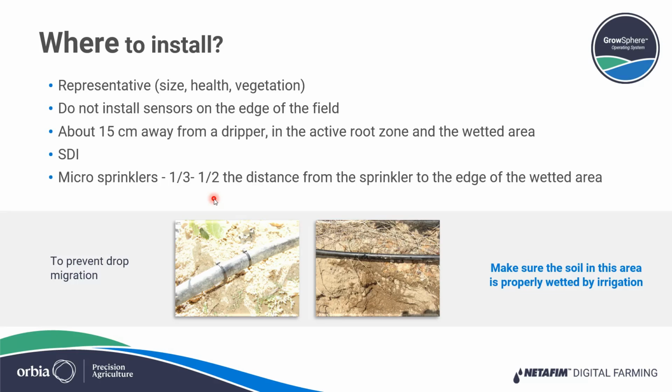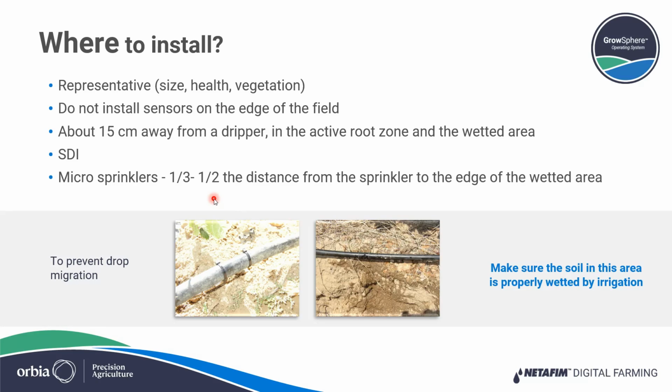So you know where the dripper is supposed to be, and then go 15 centimeters away. This is very important to do. And as for the micro sprinklers, about 1/3 to 1/2 the distance from the sprinkler to the edge of the wetted area.